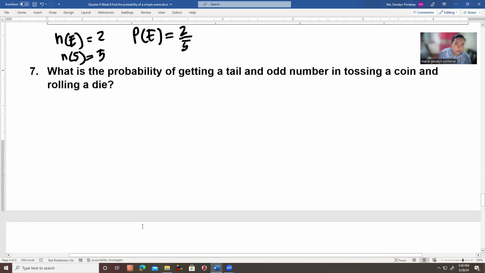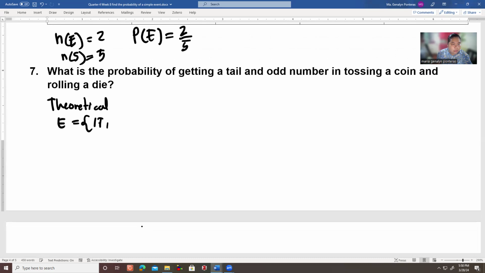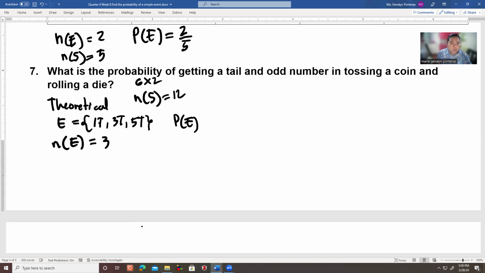So the last one, tail and odd number. In theoretical, tail and odd number, 1 tail, 3 tail, 5 tail. Cardinality of 3. By the way, the sample space is 12. Cardinality of sample space, we still have 6 times 2 equals 12. 6 for die, 2 for coins.